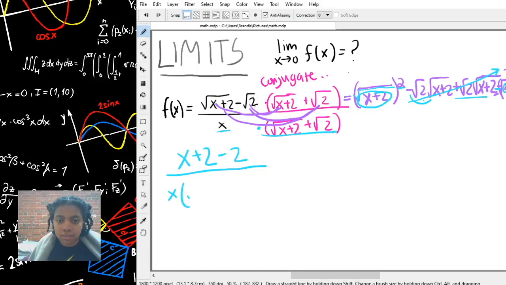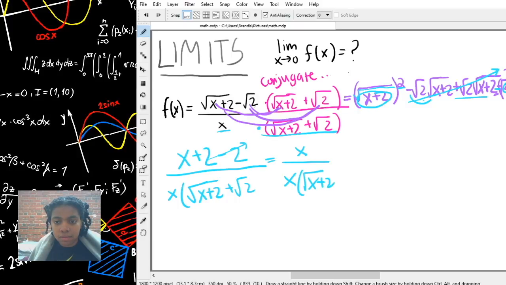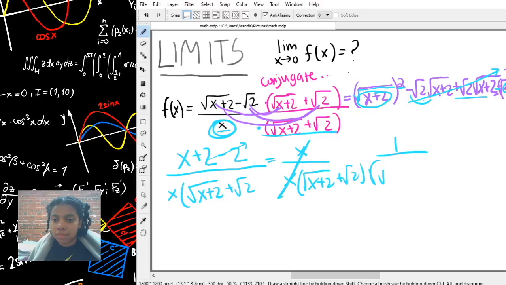So it's x times root x plus 2 plus root 2. And those two cancel, so you have x over x times root x plus 2 plus root 2. And those cancel. So you've finally canceled your x. So you have 1 over root x plus 2 plus root 2.